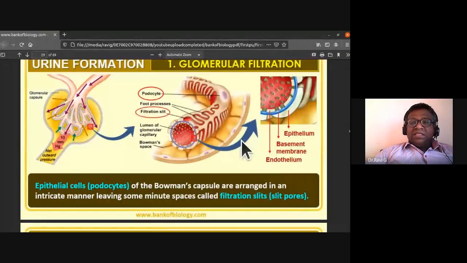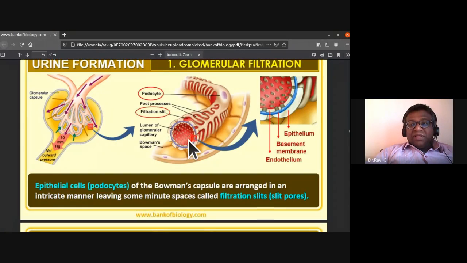The epithelial cells have podocytes. The epithelial cells, or podocytes, of the Bowman's capsule are arranged in an intricate manner, leaving some minute spaces called filtration slits or slit pores.